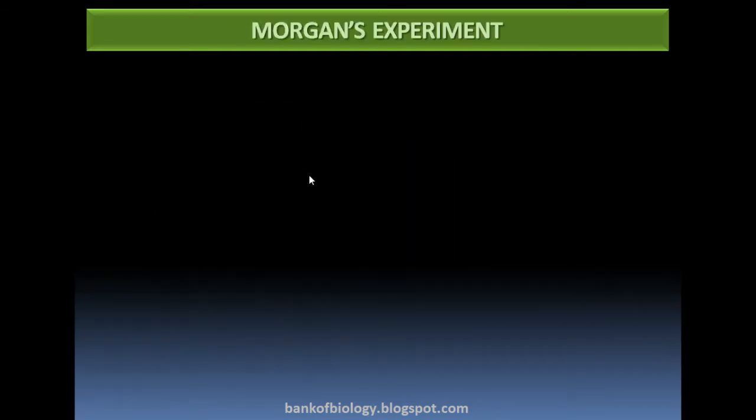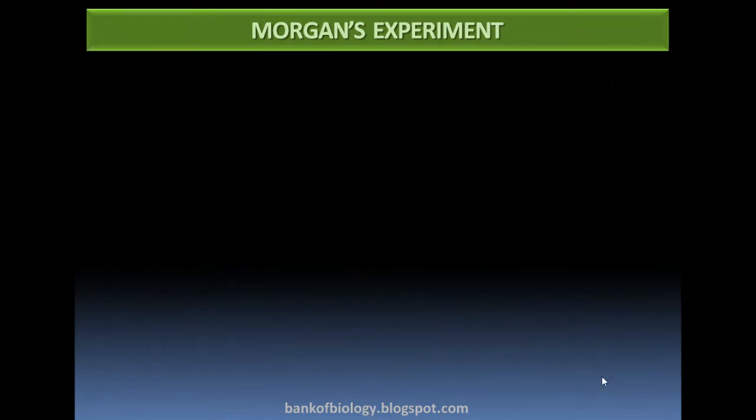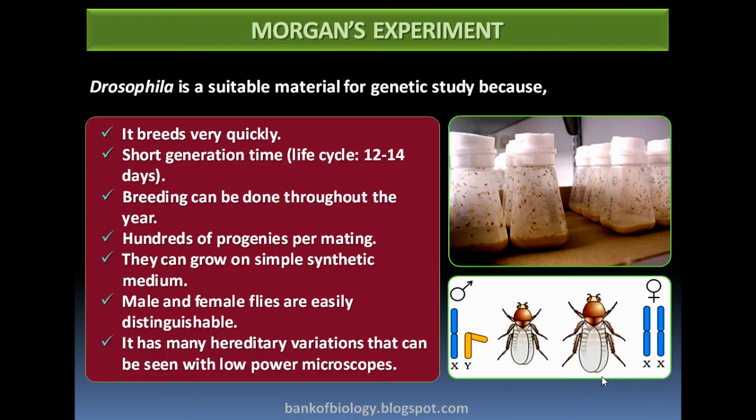Now we'll see Morgan's experiment, who worked on Drosophila and proved the chromosomal theory of inheritance. Morgan selected Drosophila for his experiment because they breed very quickly and their life cycle is very short, 12 to 14 days.